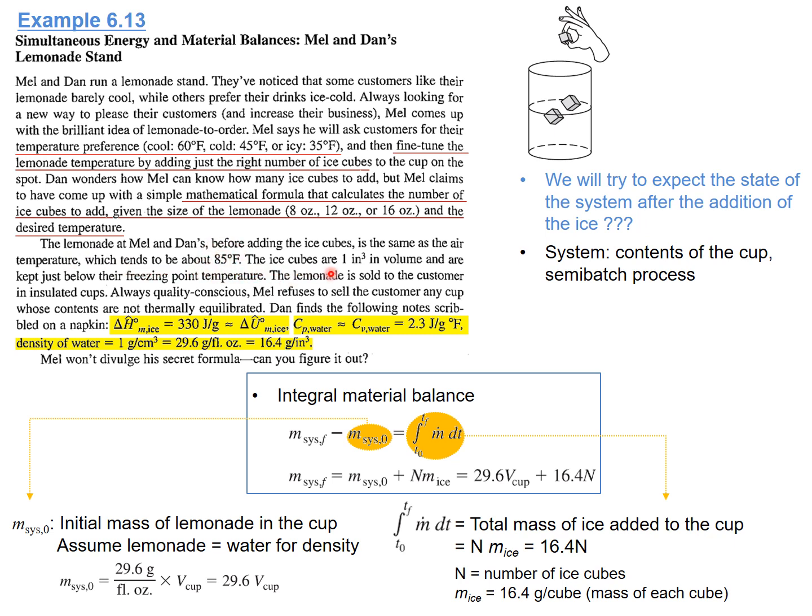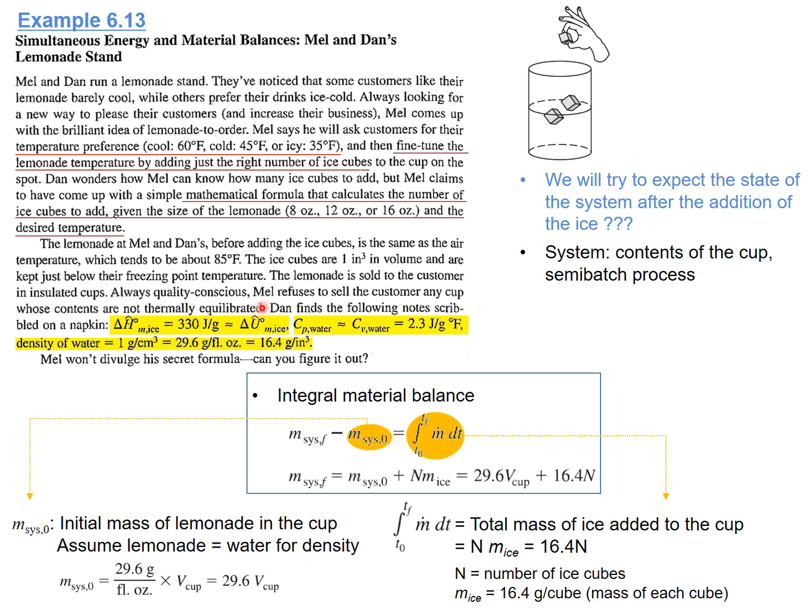The ice cubes are 1 cubic inch in volume and are kept just below their freezing point temperature, around 0 Celsius degree. The lemonade is sold to the customer in an insulated cup, so Q heat is equal to 0.